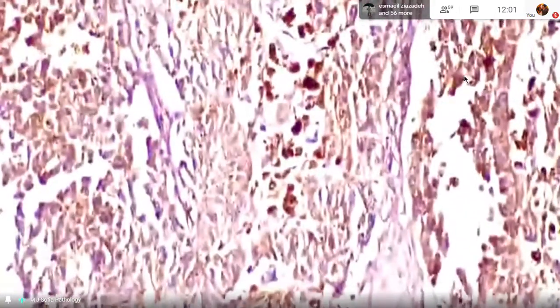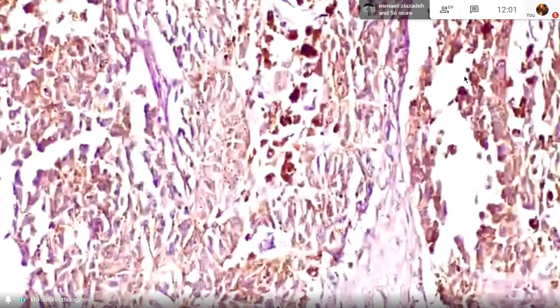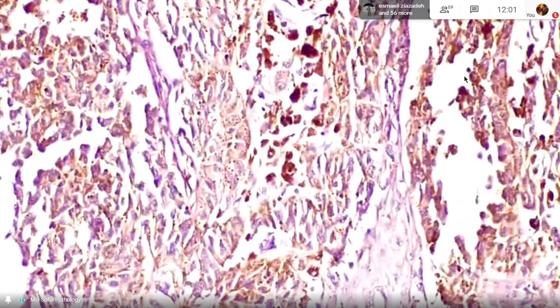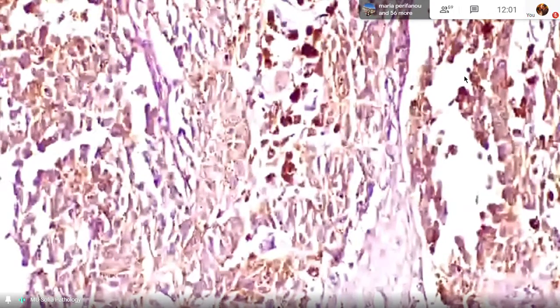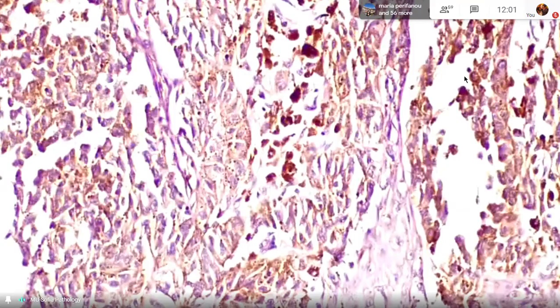But what is typical, some of them will have elongated cells that will look like sarcoma. So they will form nests, epithelioid type, and they will more encircle the ovoid structure with good visible cytoplasm.